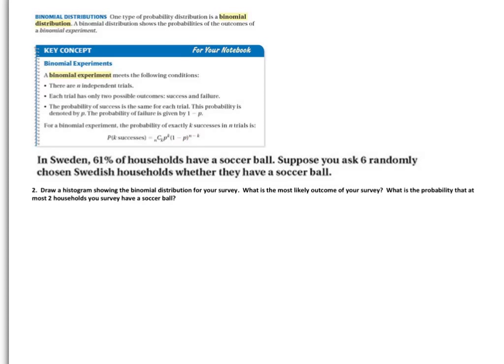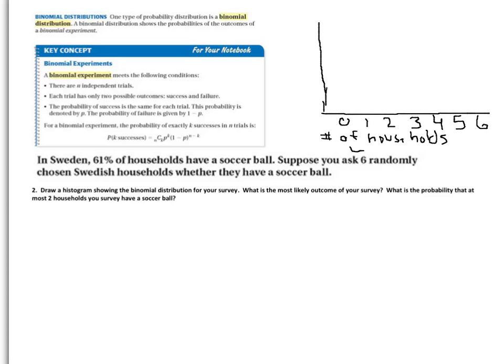Okay, so it says draw a histogram showing the binomial distribution for your survey. So let's make a little histogram up here. And we're going to have options of 0, 1, 2, 3, 4, 5, 6. This is the number of households with soccer balls.